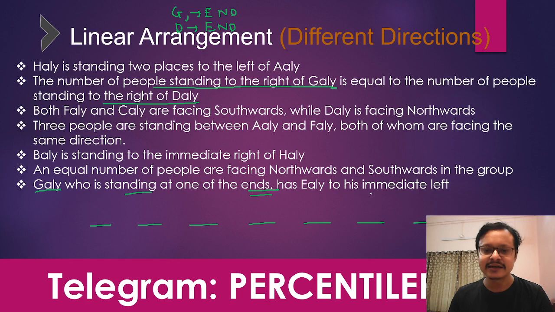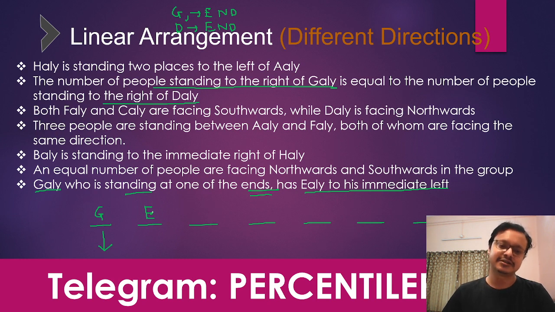Also, interestingly, it says Galley has Yali to his immediate left. Which means there are 2 possibilities. Either Galley is at this position and Galley is facing this direction, in which case Yali will be to his immediate left, that is Yali is here. The alternate possibility is Galley is in the rightmost position, in which case Galley would be here, but Galley would be facing the northward direction.